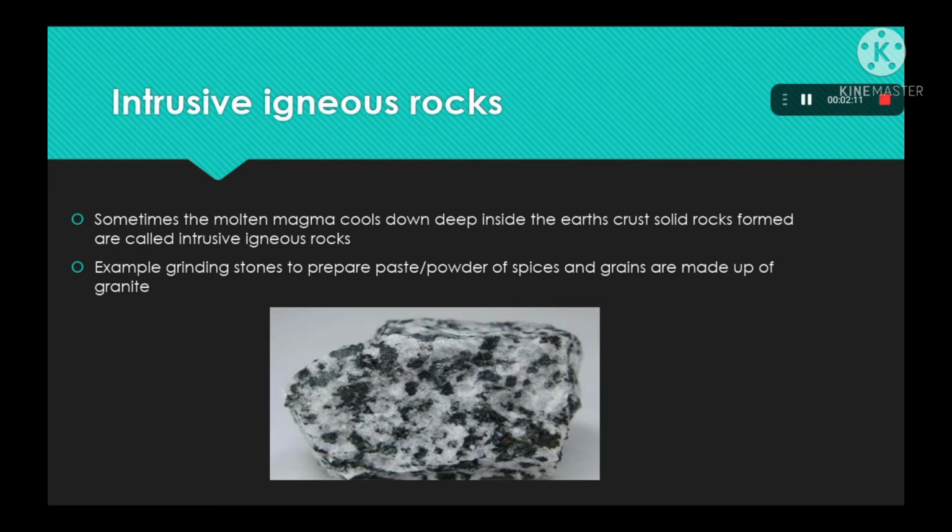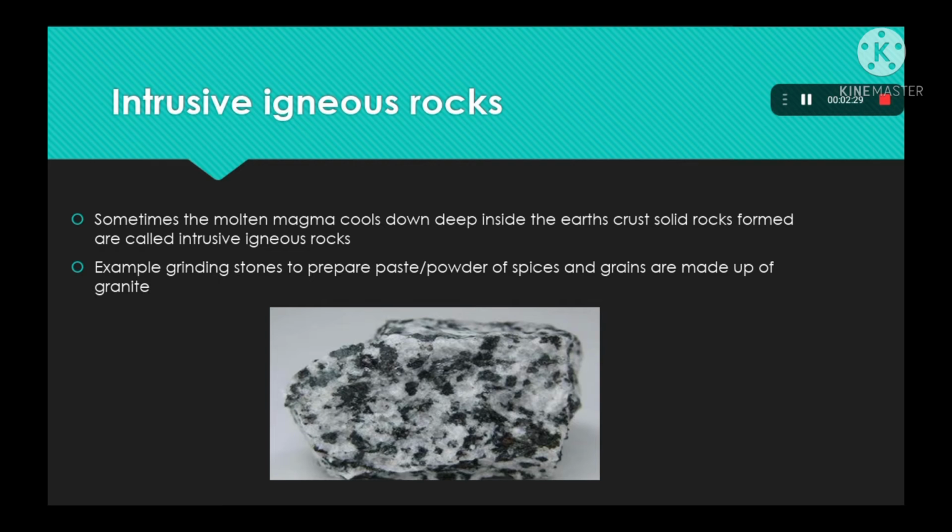So when the molten magma cools down deep inside the earth's crust, the solid rocks that are formed are called intrusive igneous rocks.